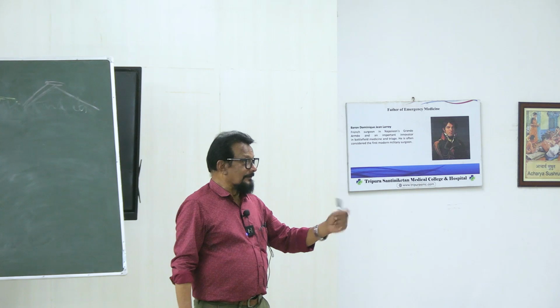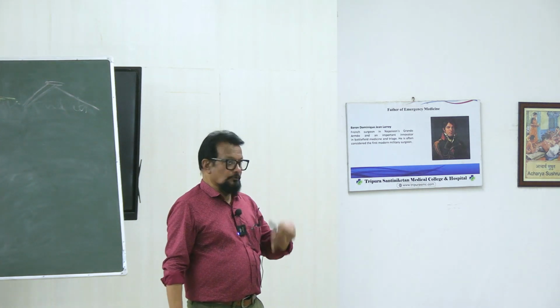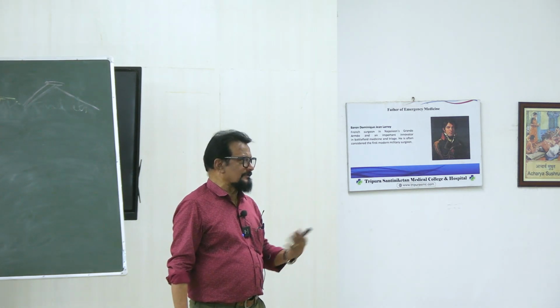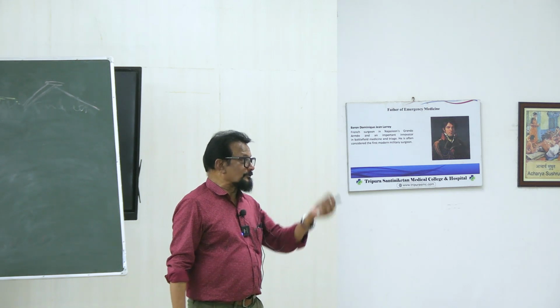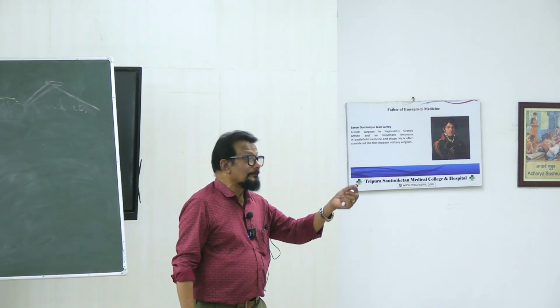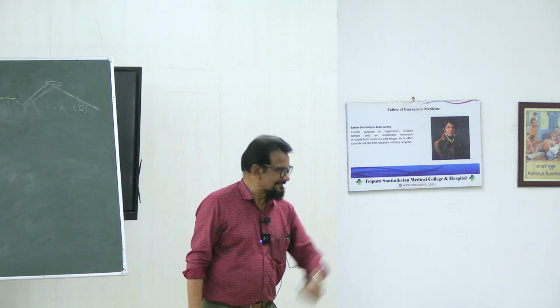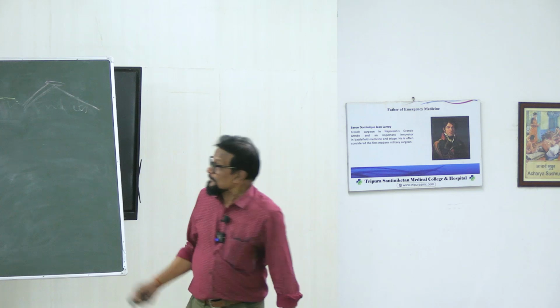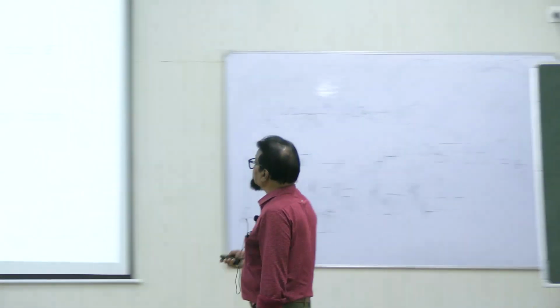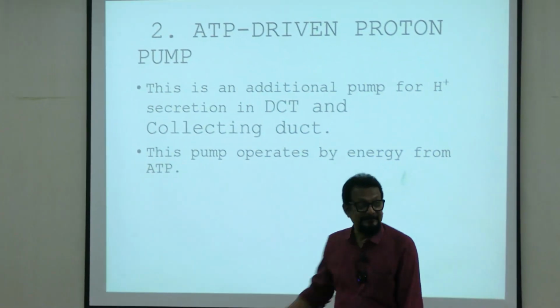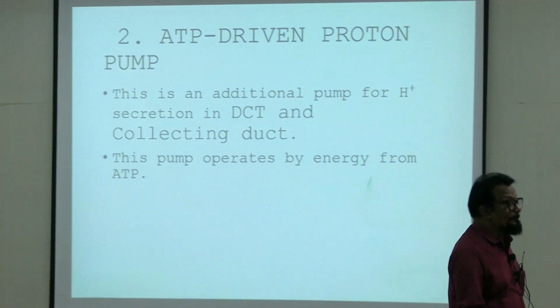Those who have a lot of acidity problem are given blockers. Why? To block this, so that hydrogen ion is not released. So here also we'll see another pump is operating. What is this? Proton pump, ATP driven.